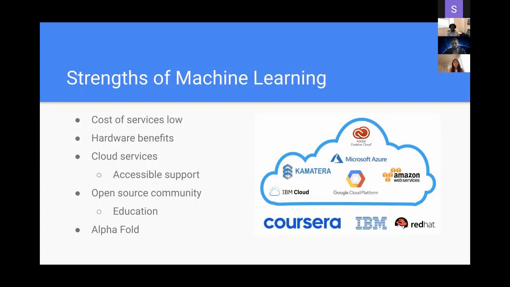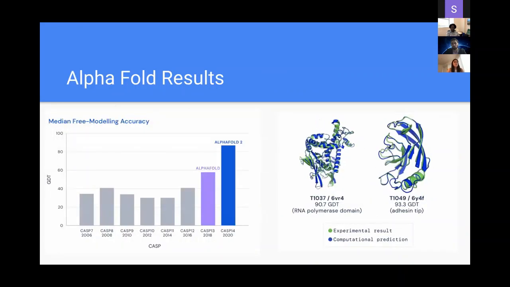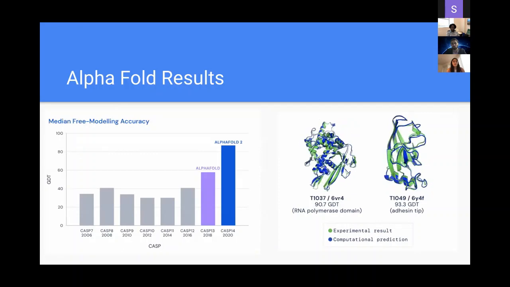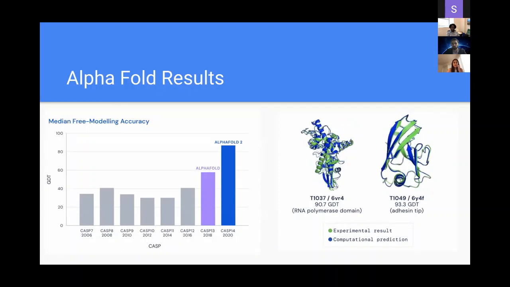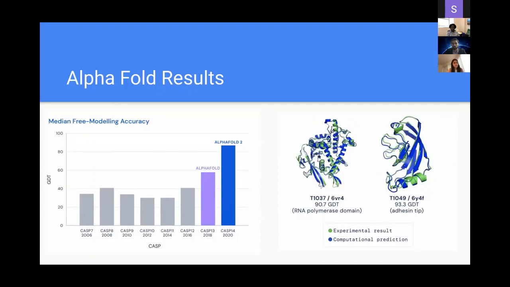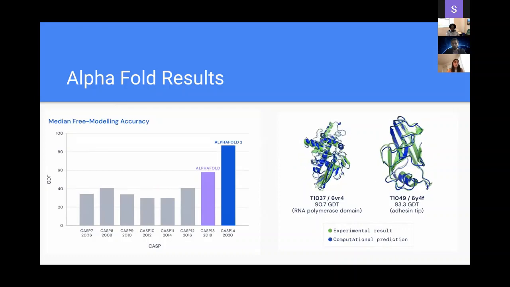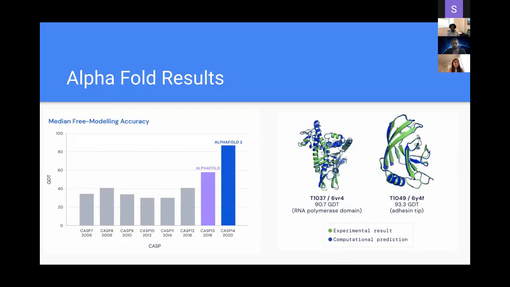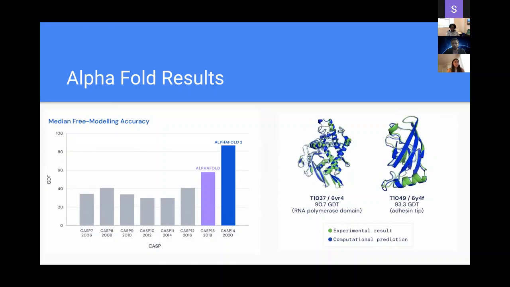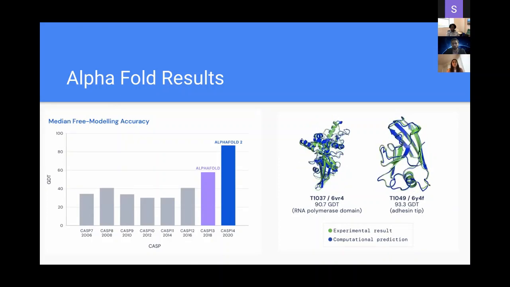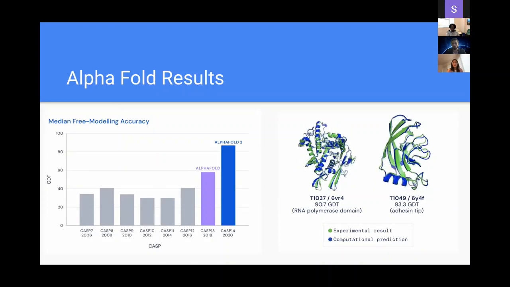And then the specific strength that I want to showcase that's an example of how powerful machine learning is, AlphaFold. AlphaFold is the protein prediction software that was developed by DeepMind, which is the research sector of Google. It competed in the Critical Assessment of protein Structure Prediction competition, which happens every 2 years.